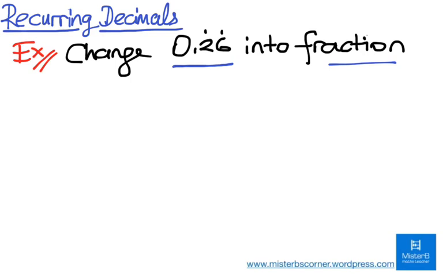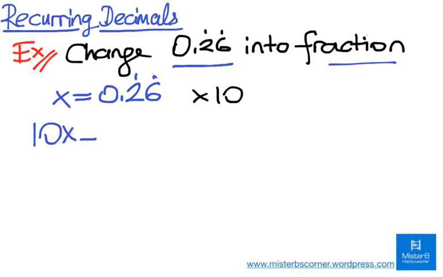Now, assuming that it's going to be a fraction, we can write a fraction for this number. We can say let that fraction be x. So it's going to be x equals 0.26 recurring. Now what I can do is multiply both sides by 10. If I do that, I'm going to have 10x equals, because when I multiply by 10 the decimal point will go this way, one digit, it's going to be 2.62 and so on.